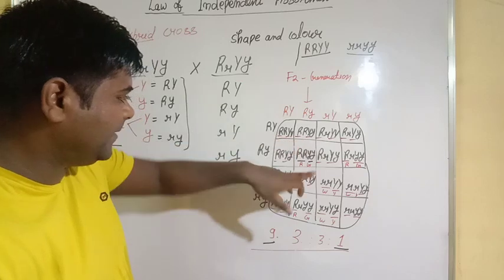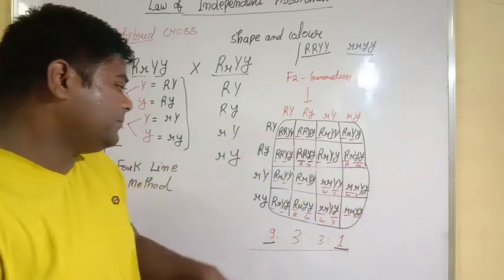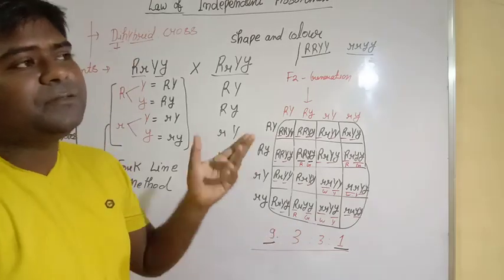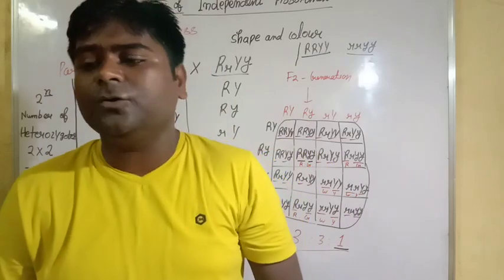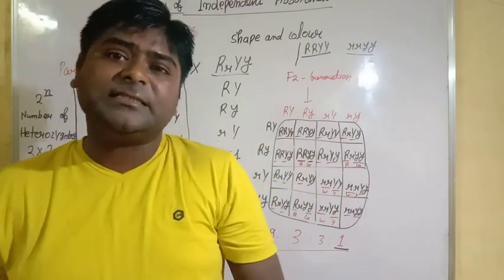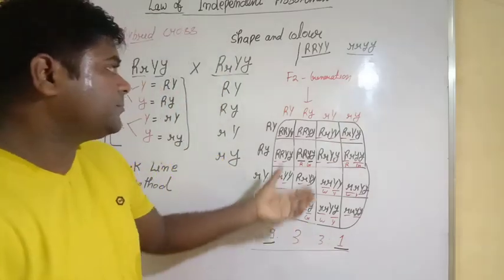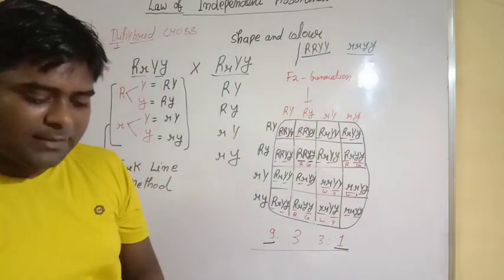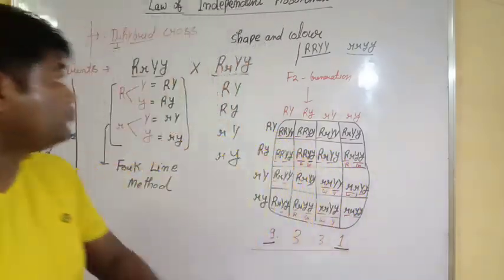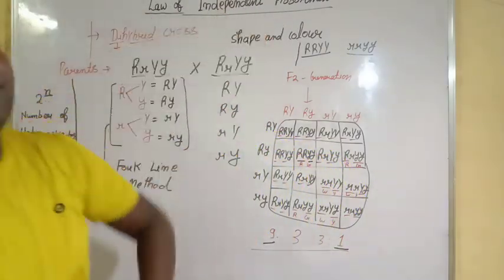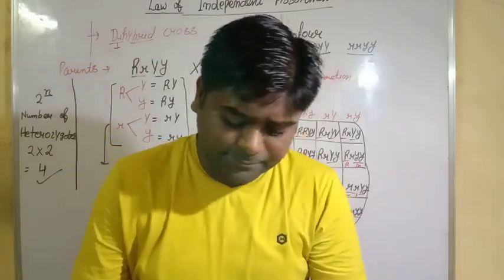Round and green, and wrinkled and yellow. And when Mendel received the results of the F2 generation, he stated his third law, the law of independent assortment.